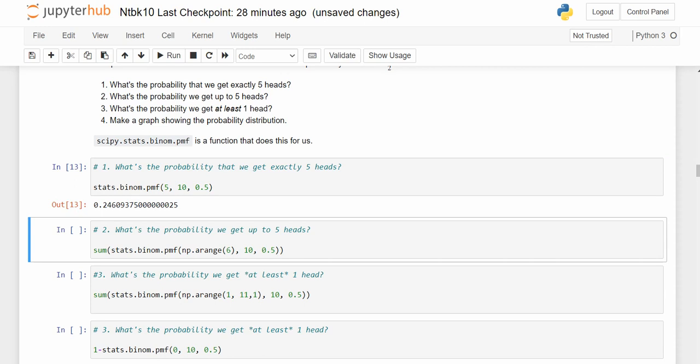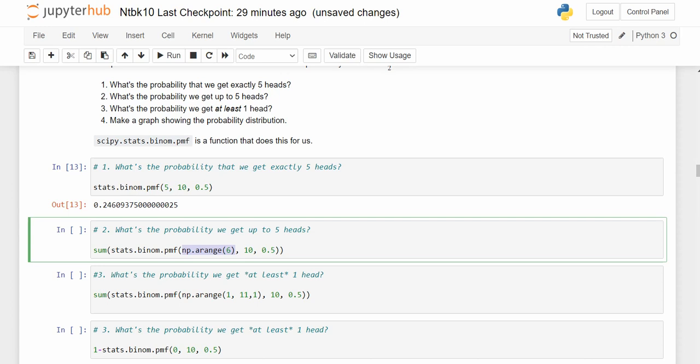And the answer to the second question, what is the probability that we get 5 heads or less? Okay, so what does this np.arange of 6 do? Well, remember, it always starts counting at 0 if I don't specify. All right, so out of 10 trials, this is going to do 0, 1, 2, 3, 4, 5.